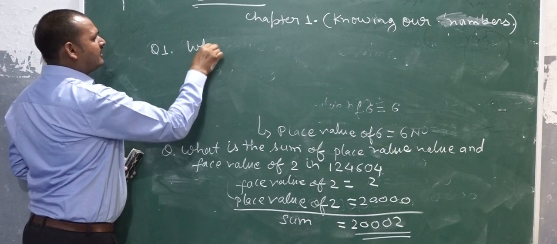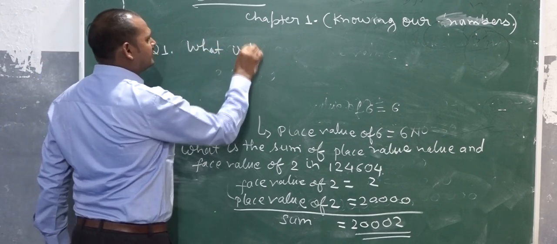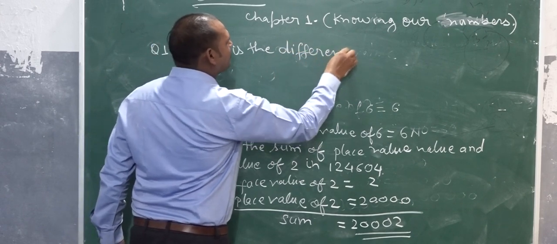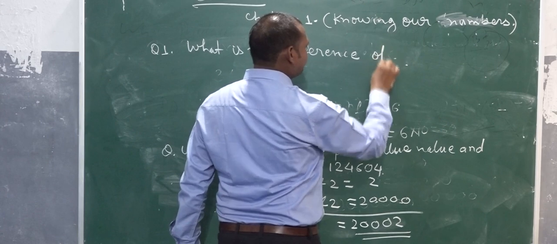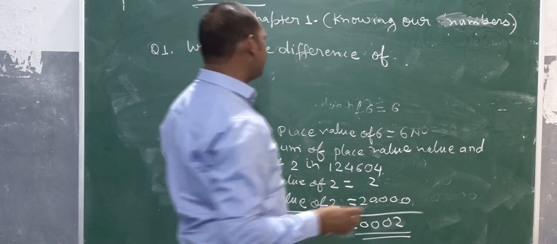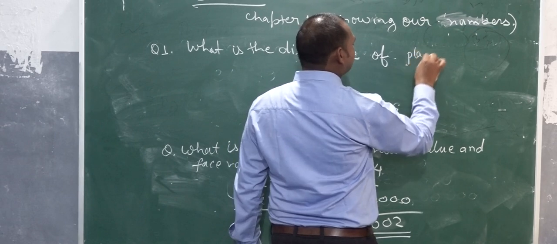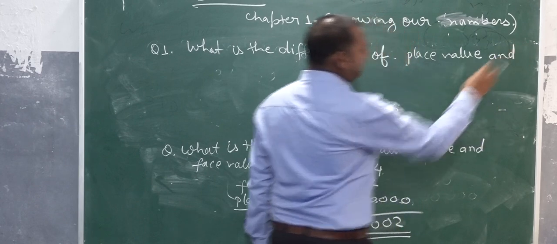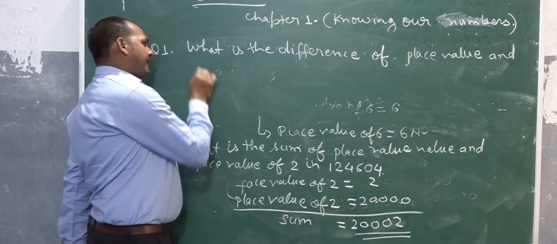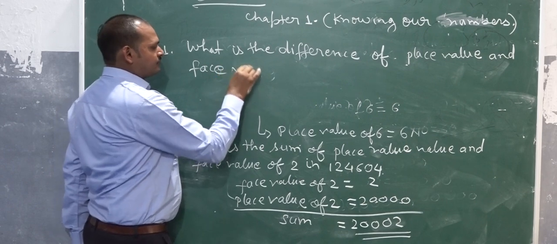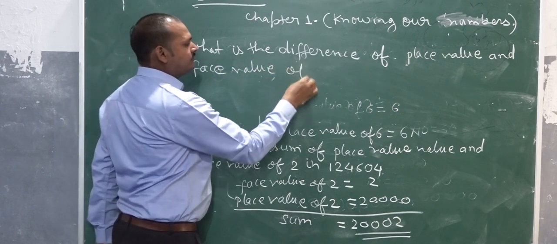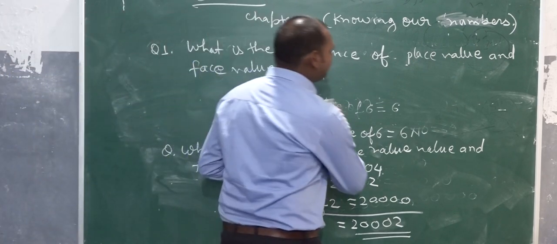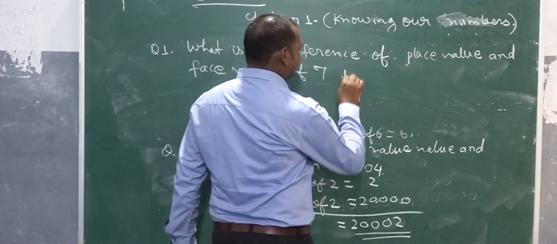What is the difference of place value and face value of 7? Which digit? 7. Where do we find 7? In the numbers.